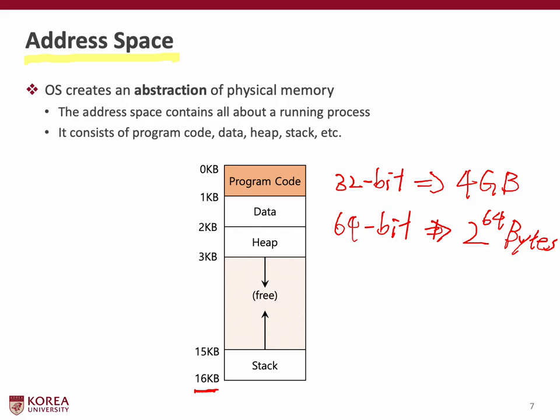So I mean the real address space of a process is much larger than this example. Okay, this example number is just for simplicity of explanation.